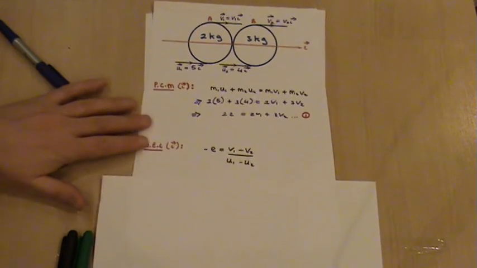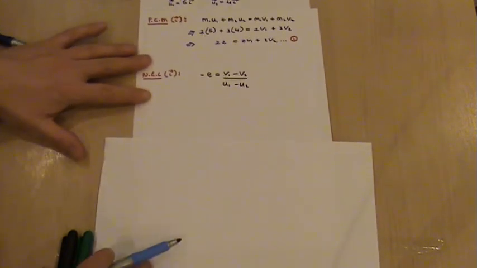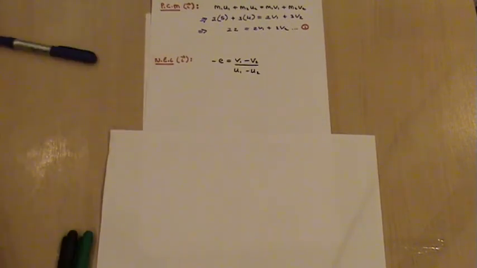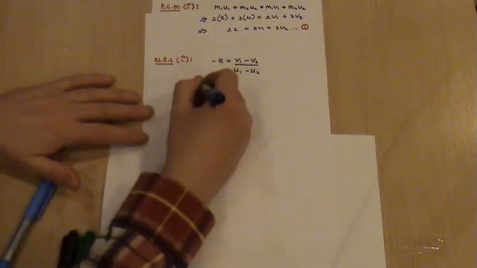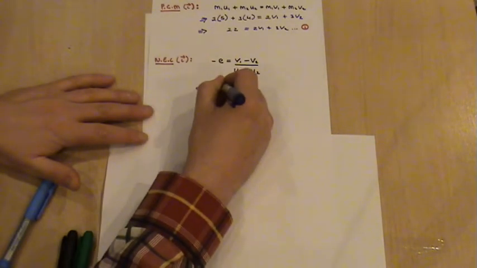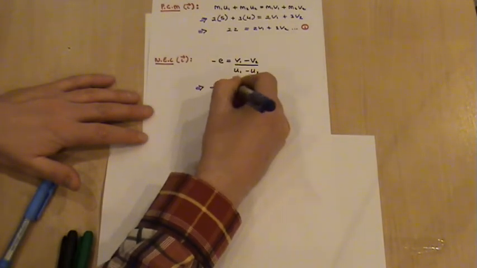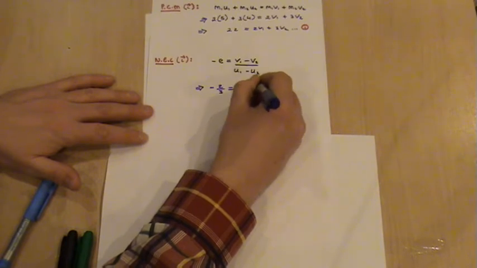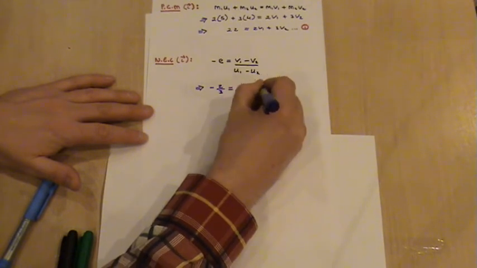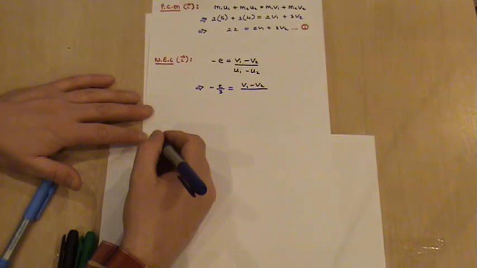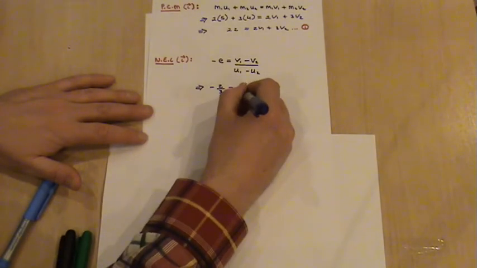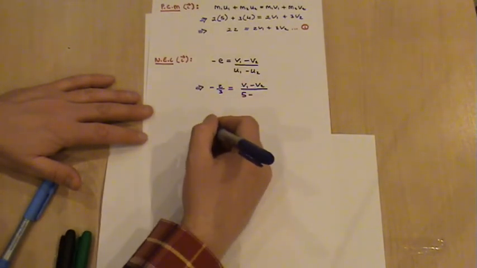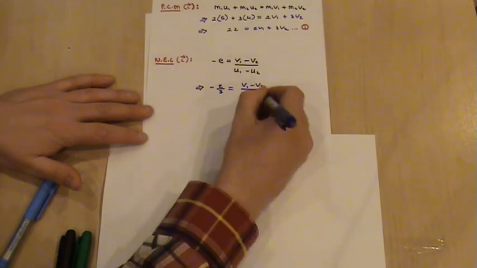Secondly then, if we use Newton's experimental law, which states minus e is v1 minus v2 all over u1 minus u2, and the coefficient of restitution was given as 2/3, this implies minus 2 over 3 equals v1 minus v2, our unknowns, all over u1, which is 5, minus u2, which is 4.